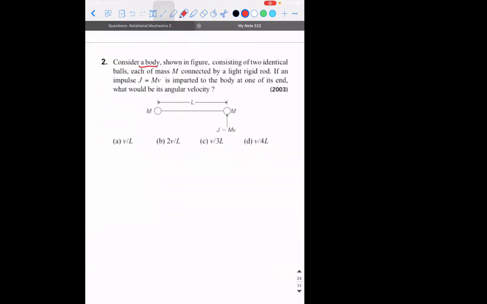Consider an object shown in the figure consisting of two identical balls, each of mass capital M, connected by a light rigid rod. So when they say light, the mass is 0. If an impulse of J equal to M into V is imparted to the body at one of its ends, what could be its angular velocity? So how to proceed?